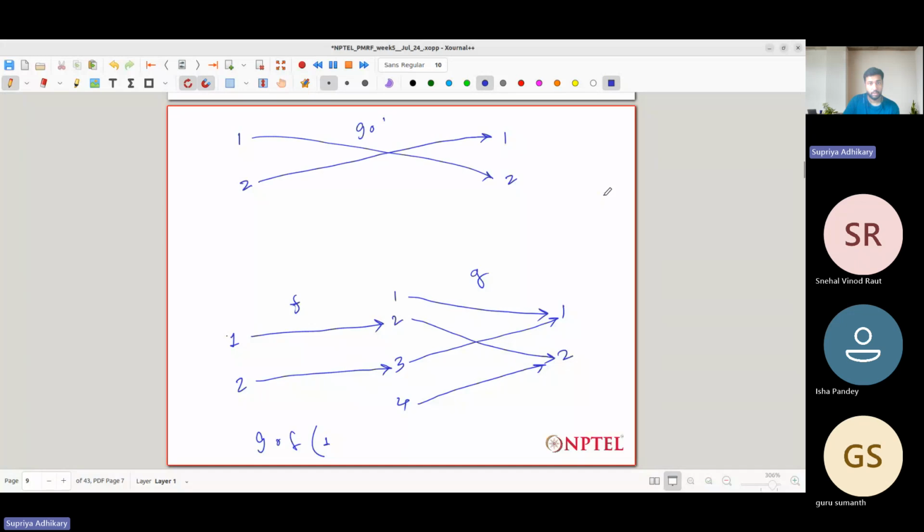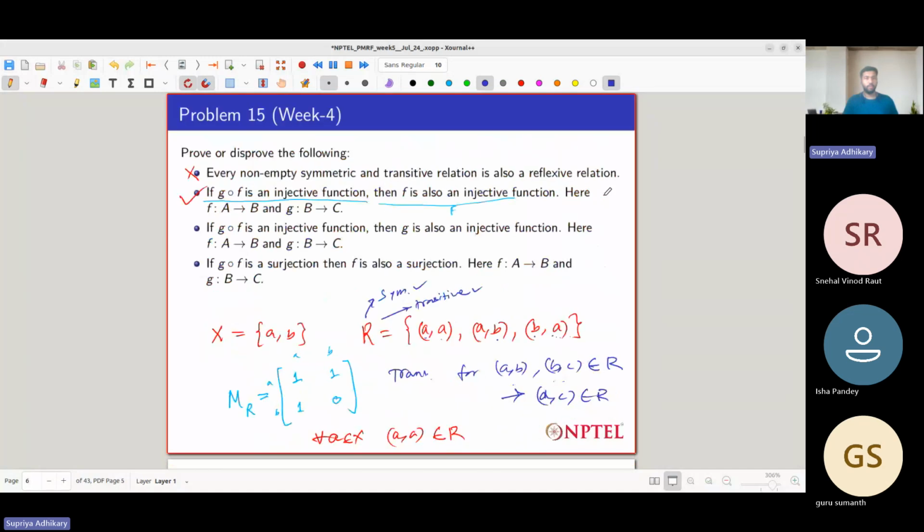So this is our g∘f function, and indeed g∘f is an injective function. But as we can see, the g function is not an injective function, because 1 and 3 both of these are mapping to 1, and 2 and 4 both of them are mapping to 2. So g is not injective. So we have given an example where this is not true.